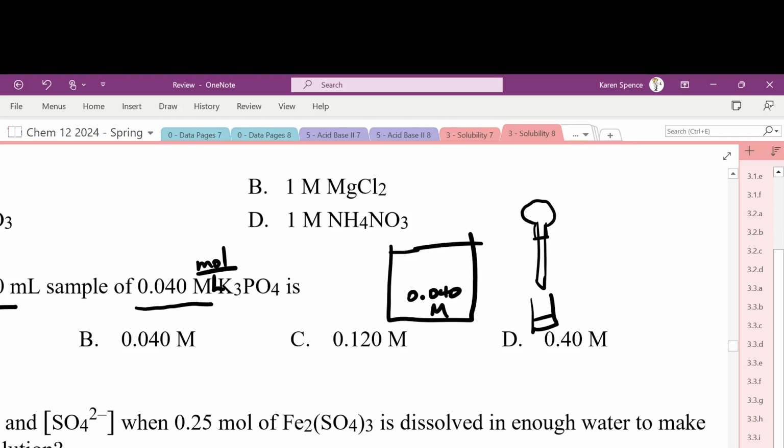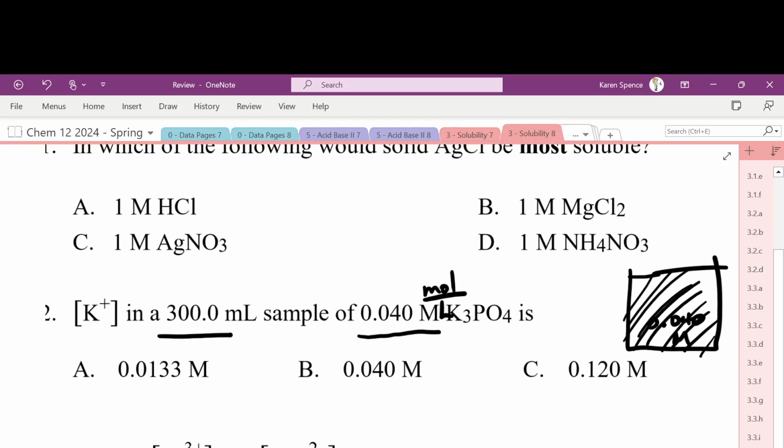No, you can imagine like if it was this dark, this would also be the same level of darkness. It wouldn't depend on how much there was. It's the same moles per liter because you're dividing by the liters. So the moral of the story is that you don't need to worry about that 300 milliliters at all. It's just there.